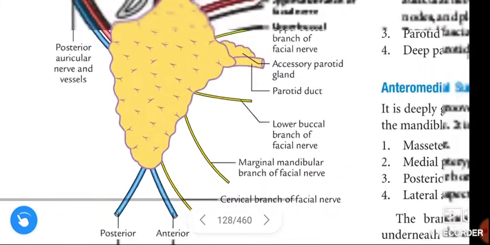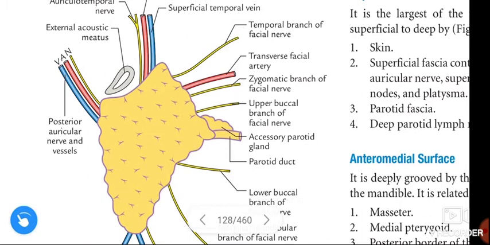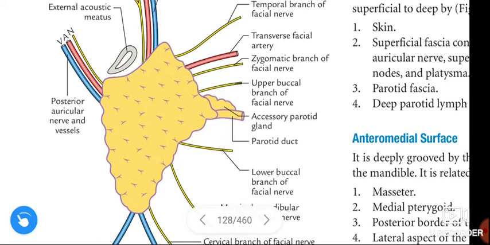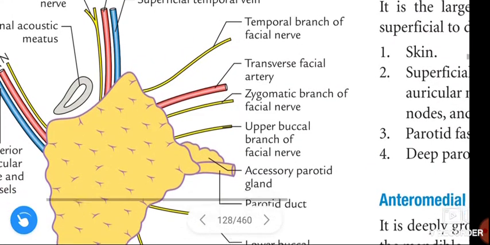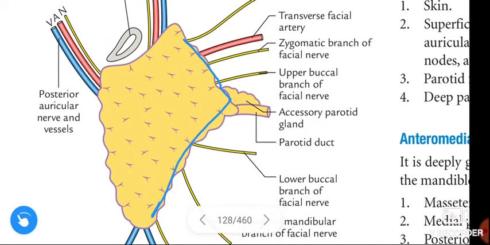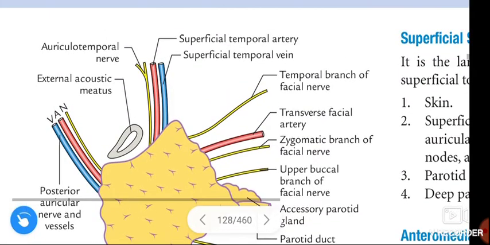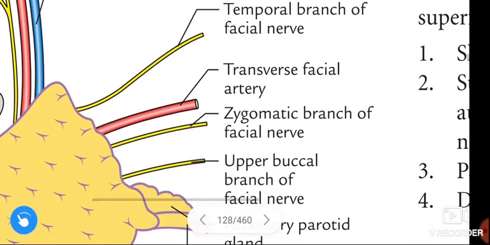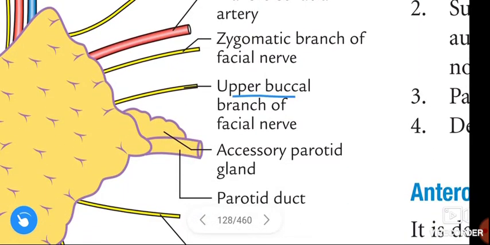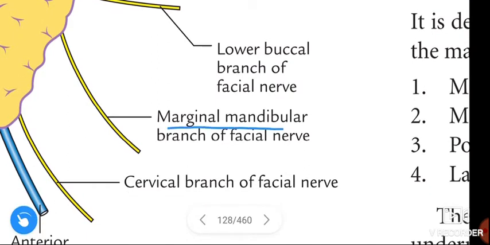All of these are the facial nerve only. The anterior border relations are all facial nerve branches: temporal branch, zygomatic branch, upper buccal branch, lower buccal branch, and marginal mandibular branch.